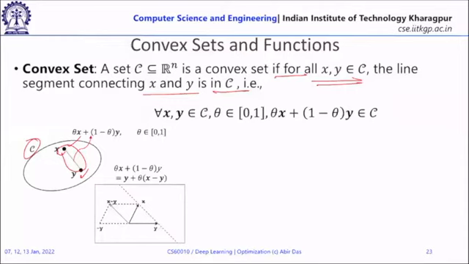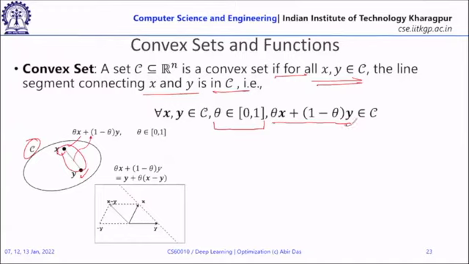Now, how do we express the line segment connecting x and y? It is theta x plus 1 minus theta y, where theta belongs to [0, 1], both included. When theta is 0, of course, you will see that it is y.